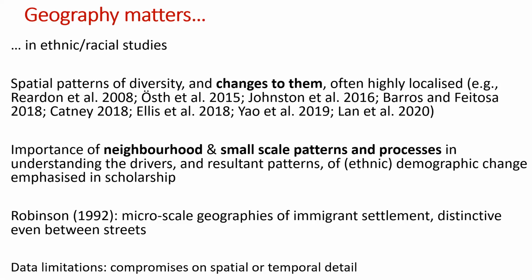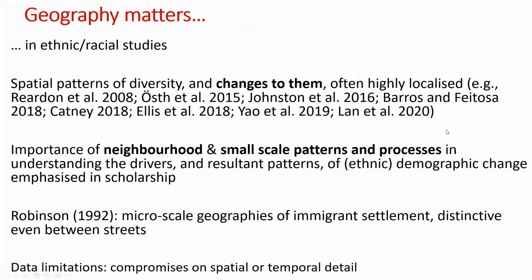article. And actually, when we go back several decades, Vaughan Robinson, writing in 1992, just after the first time the UK census asked a question on ethnic group in 1991, argued that the micro-scale geographies of immigrant settlement are distinctive even between streets. So there's this very small spatial scale.